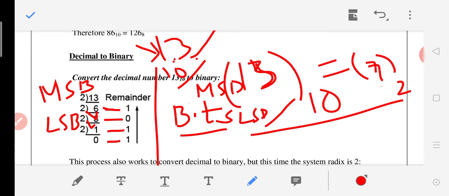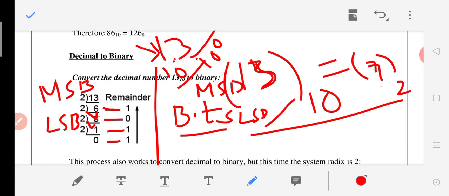It's a units place, and it is a tens place. So 1 has the most positional value, that's why 1 is the MSD. 3 has the least positional value, that's why 3 is the LSD.